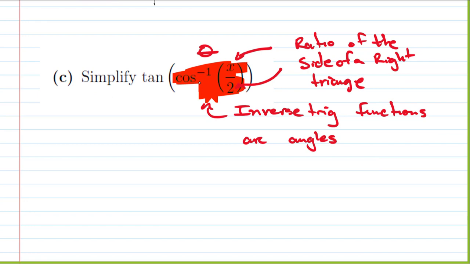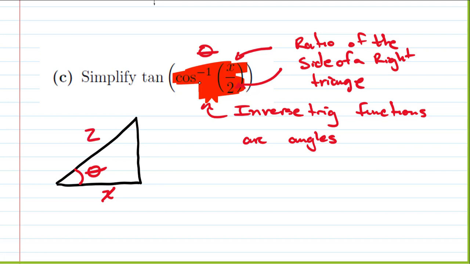If I were to just draw a generic right triangle, cosine by definition is adjacent over hypotenuse. So my adjacent side is x and my hypotenuse has to be 2. I can solve for the missing side using the Pythagorean theorem.